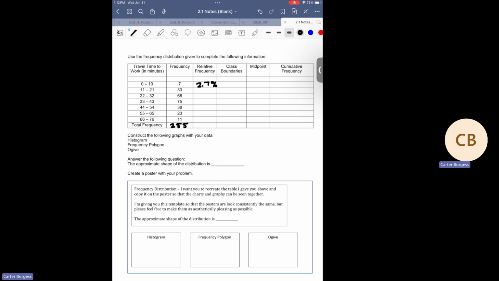All right. And of course, we could do that with each of our buckets. So 33 out of 255 is going to be a little bit more than 10%. In fact, we see that this is 12.9%. And going down the list, we find what percentage these buckets represent.